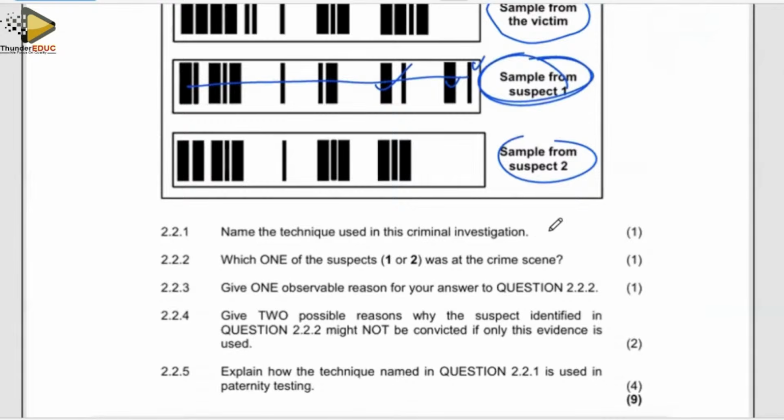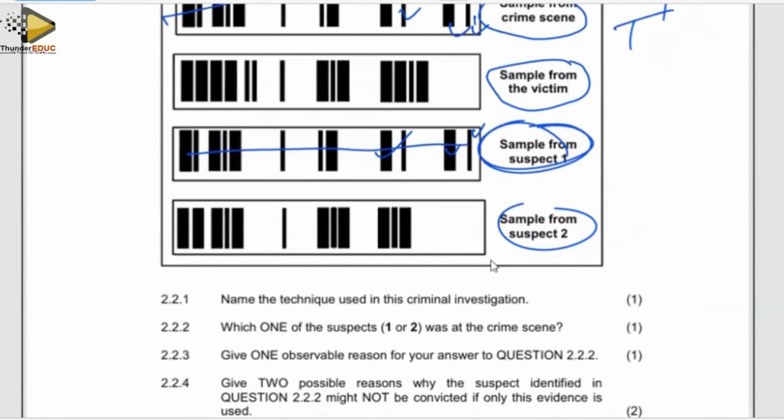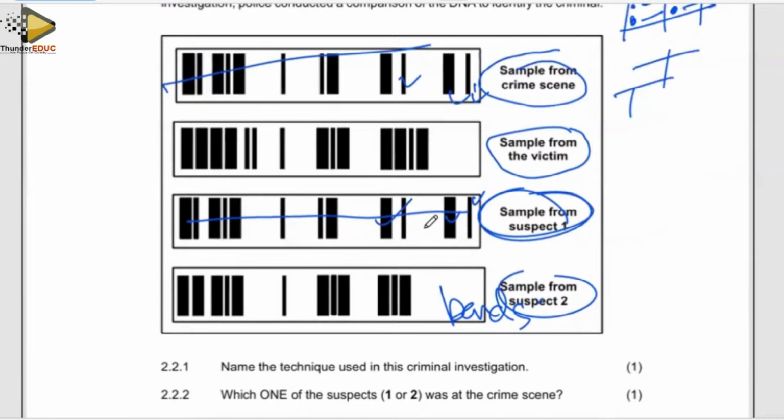Give one visible reason for that. If you look at it, the DNA profile, don't just call them DNA, call them DNA profile or DNA bands. Please don't change the words. The bands of suspect 1 are identical to the DNA profile of the crime scene.